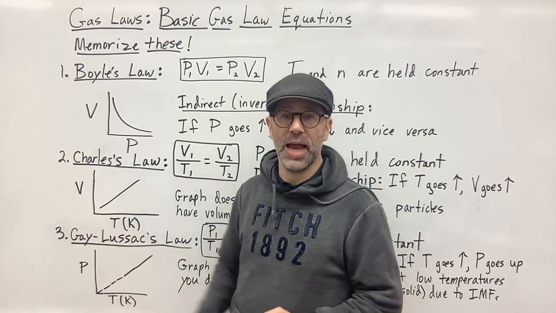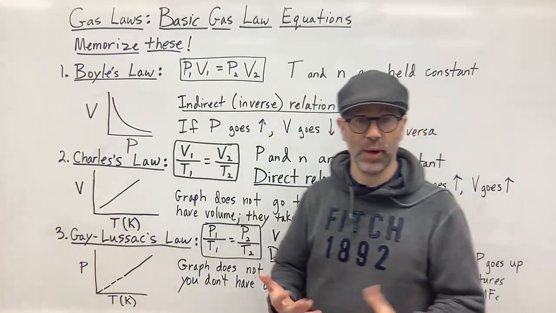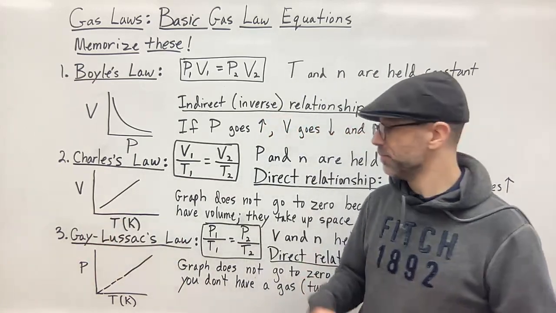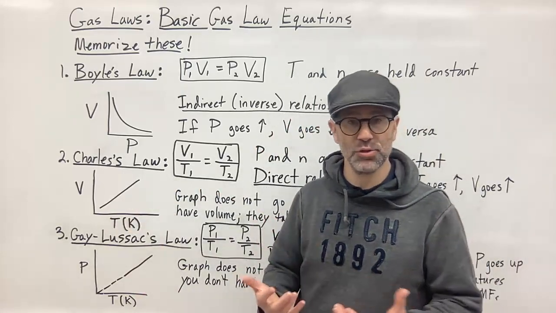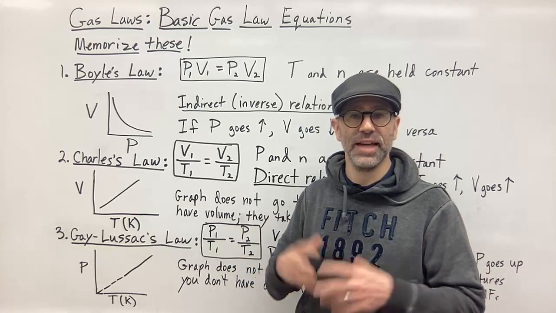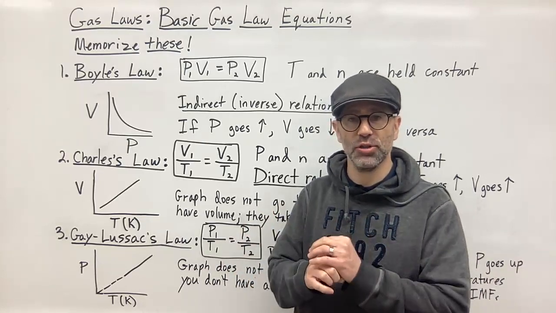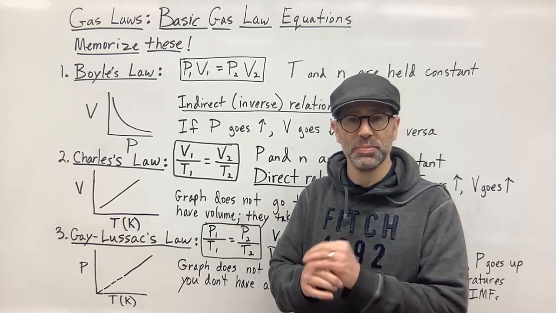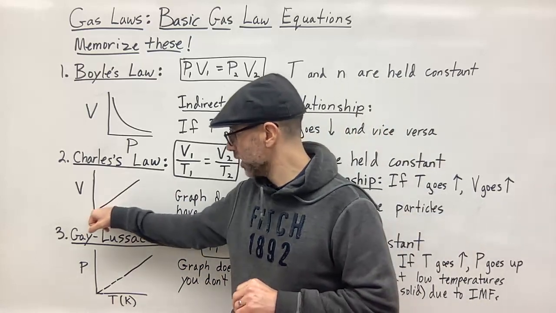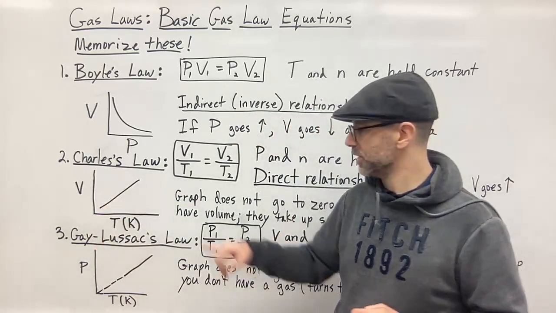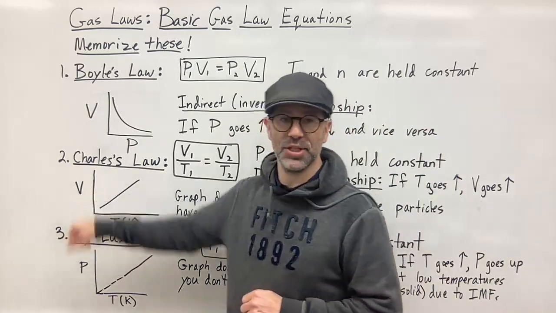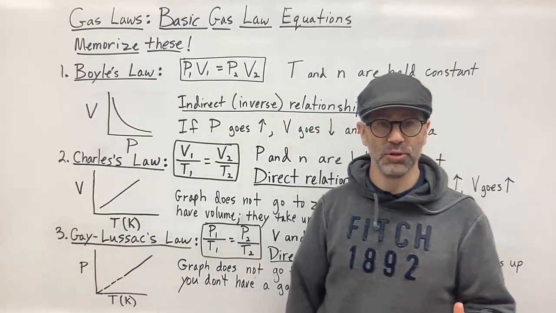particles themselves. Now, in a theoretical way, hypothetically, in an ideal gas, one of the assumptions we make is that the gas particles are so small that they don't take up space. And so you would theoretically get to zero, but realistically you never get to zero because you can't have zero volume with your particles.